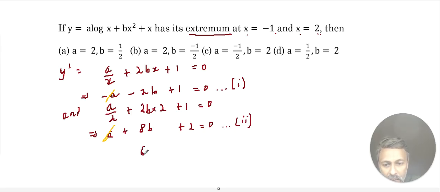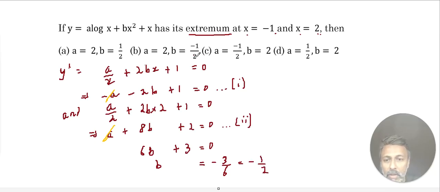We get 6b plus 1 plus 2 is 3. We are adding equations 1 and 2. Clearly b is equal to minus 3 upon 6, which is minus 1 upon 2, which is possible in only option B. But still, for our satisfaction, let's see if we can get a also.